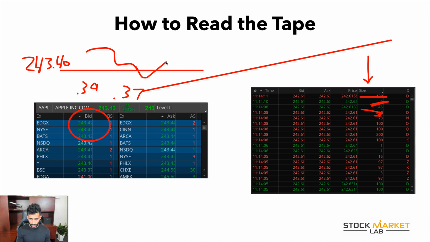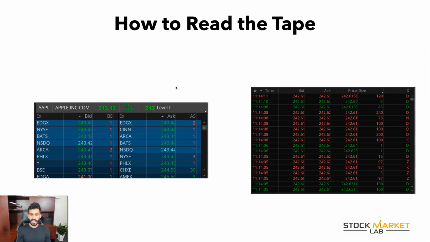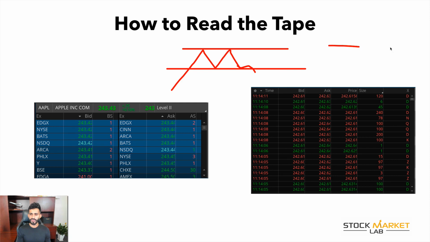It also depends on the direction of the stock. If a stock is going up and trading sideways like this, I wouldn't be too much of a fan of taking this trade as opposed to a trade like this, which would give me a higher confirmation. Not saying this is a bad trade, but it depends on market structure and what's happening.